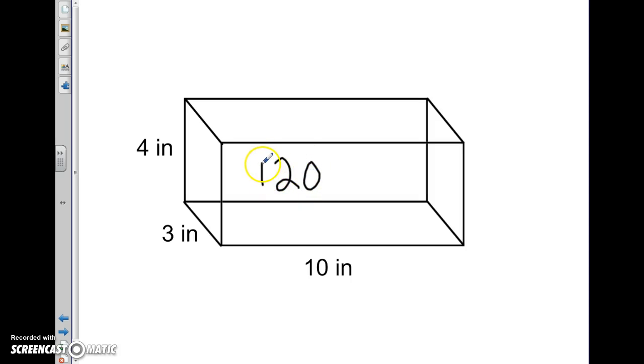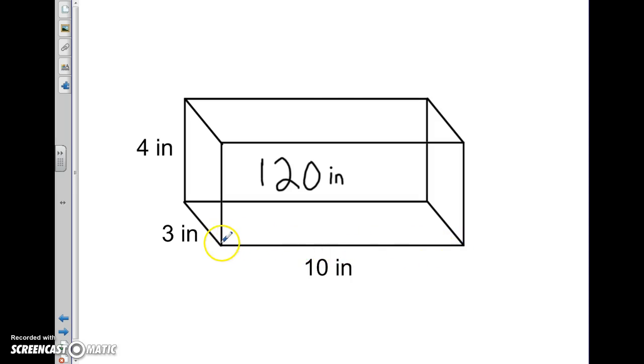And remember, we don't just leave it as just a number without it being labeled, because it could be 120 what? 120 bagels. We don't know what the 120 represents, so we have to label it. And a common mistake would be to say 120 inches. But 120 inches measures a single dimension, right?